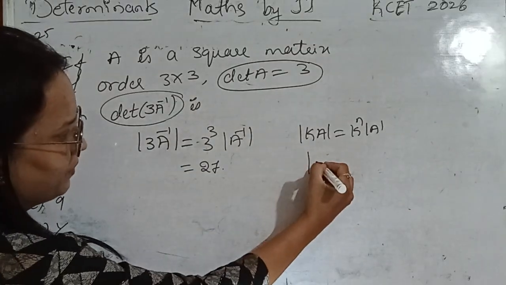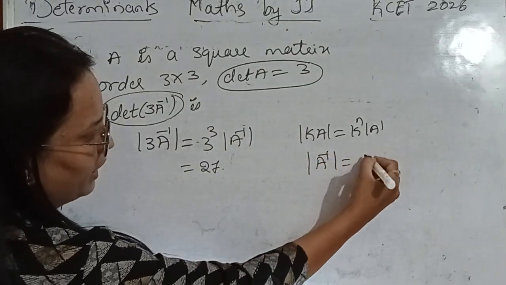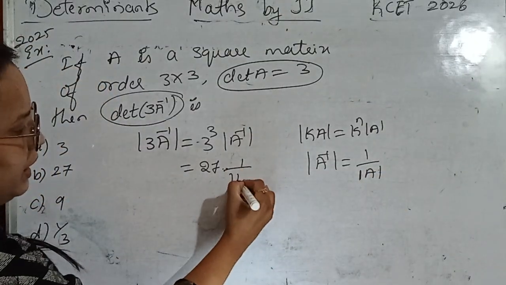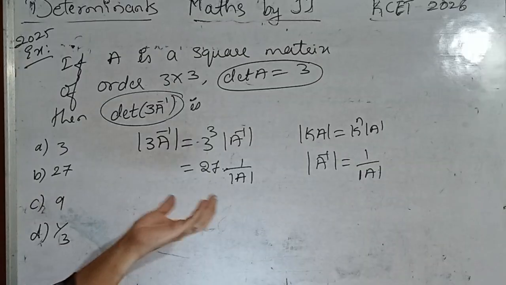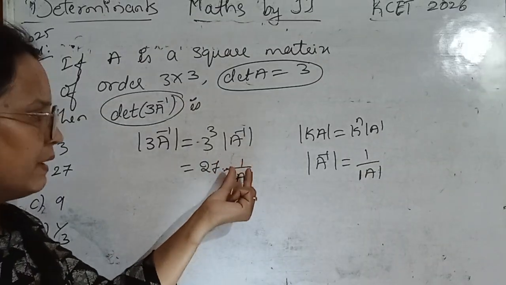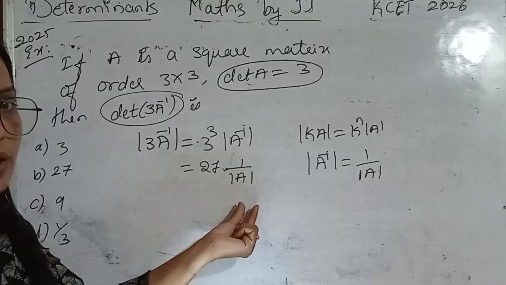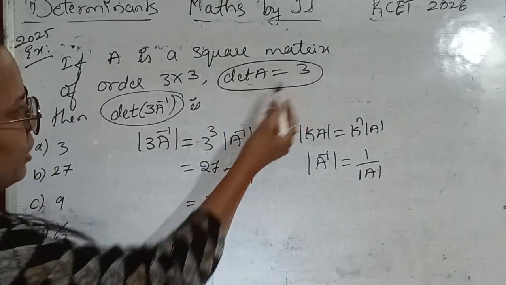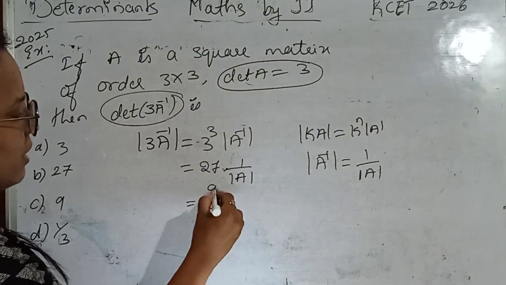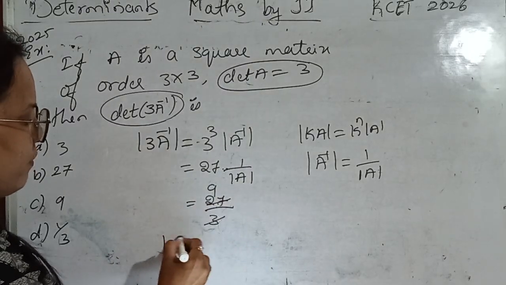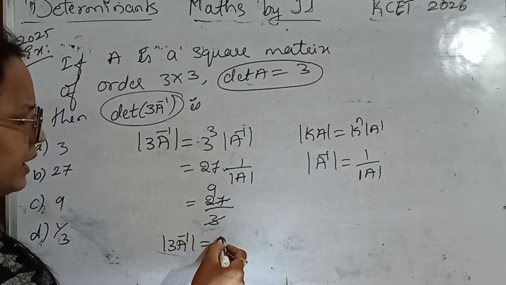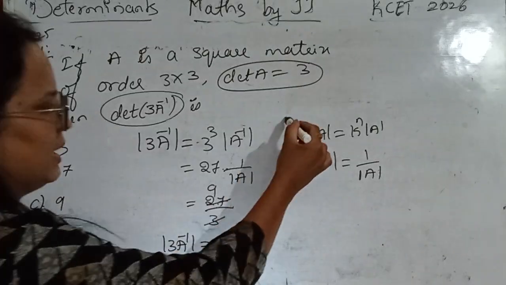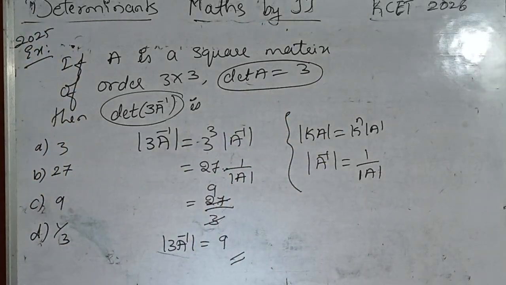Now, determinant of A inverse is always equal to 1 upon determinant of A. In place of determinant of A inverse, I will write 1 upon determinant of A. So it is 27 divided by the determinant of A, which we already know. So 3 nines are 27, and the value of determinant of 3 A inverse is nothing but 9. Hence it is done. It is very important to remember this.